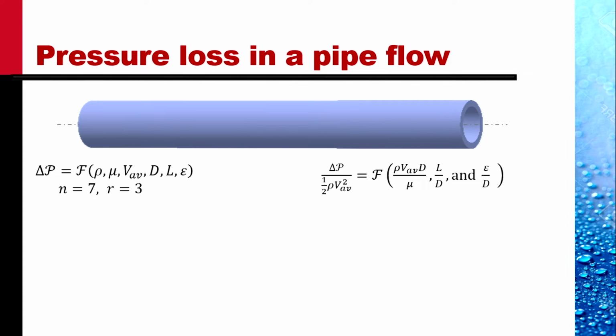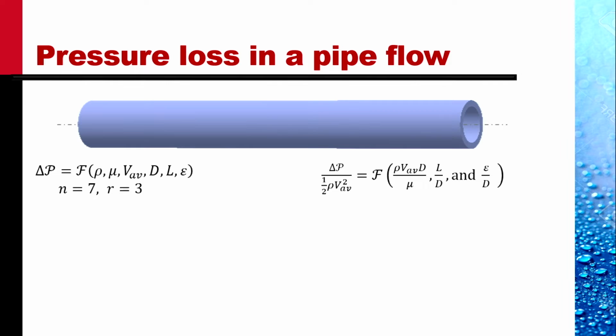This is not a very expressive expression because of the 3 independent pi groups on the right hand side. We would like to reduce them.